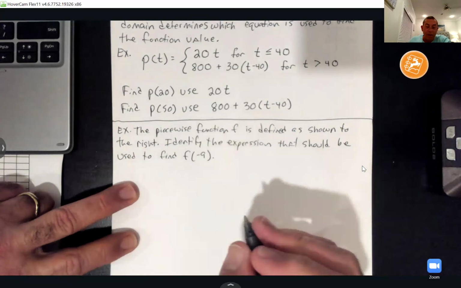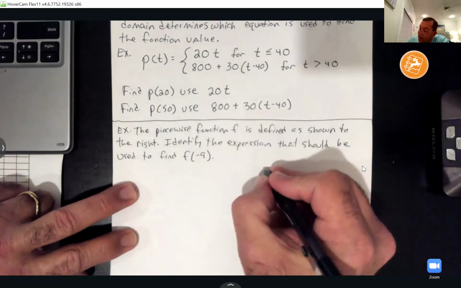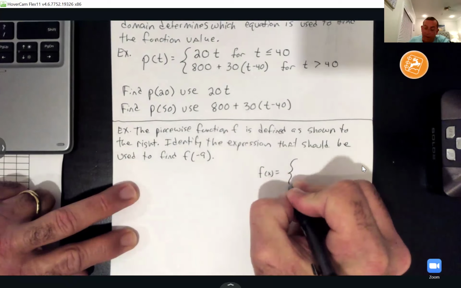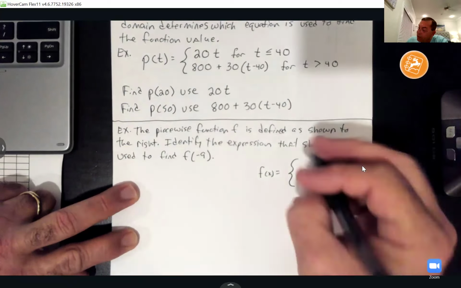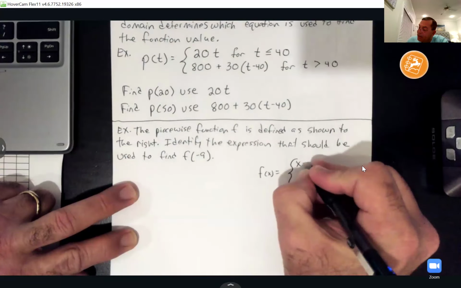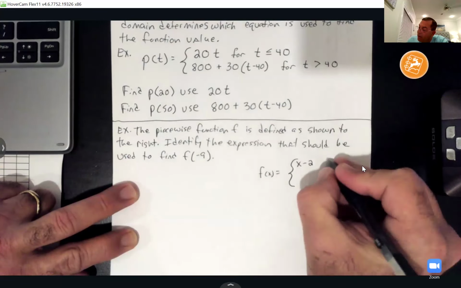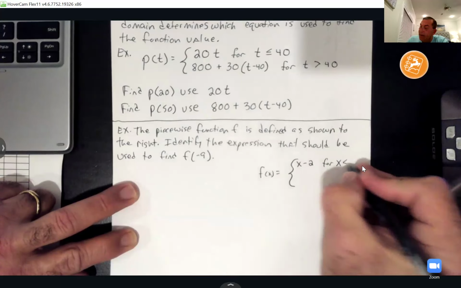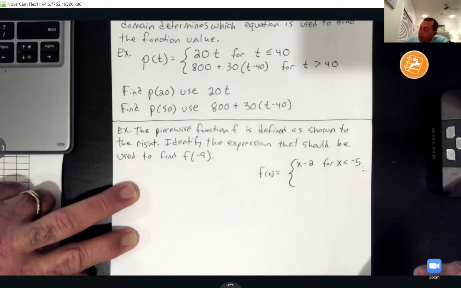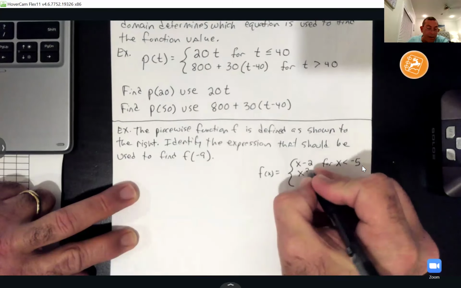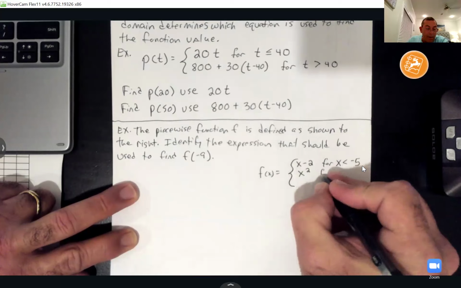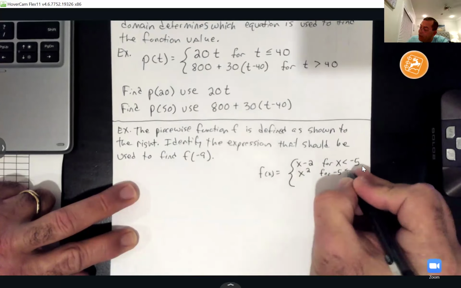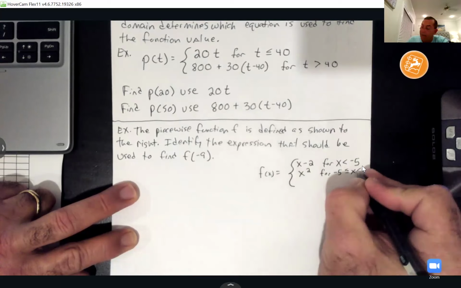All right, so the function they're giving us is f of x equals, and y'all just has 3 equations. It equals x minus 2 for any x less than -5. It equals x squared for -5 less than or equal to x less than 4.